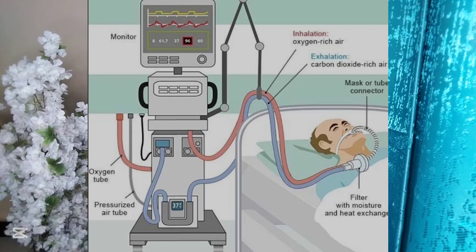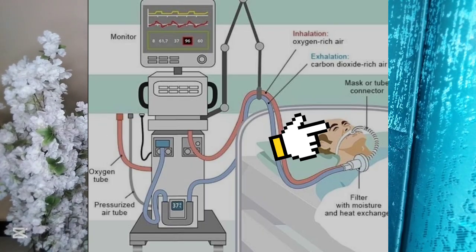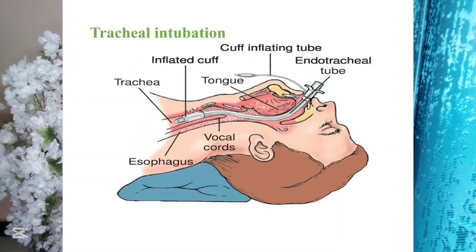A connection is made between the mechanical ventilator and the patient via this endotracheal tube, the tube that is inserted into the patient's trachea, the windpipe. The endotracheal tube can also prevent the airway from closing, and this helps the patient to continue breathing.